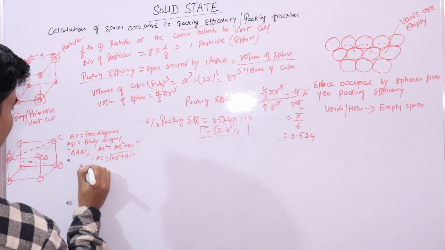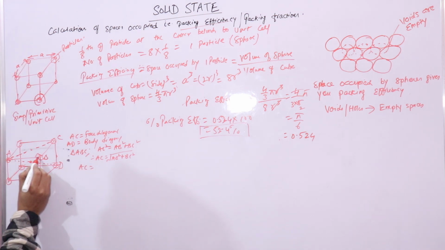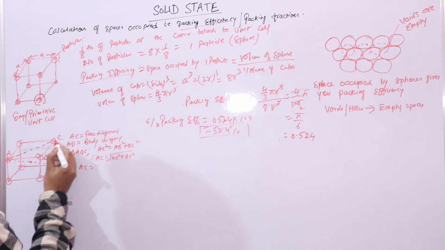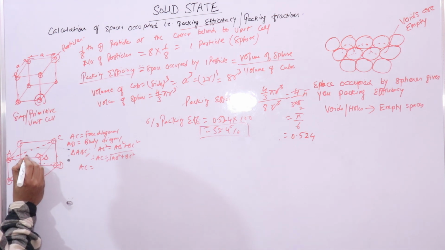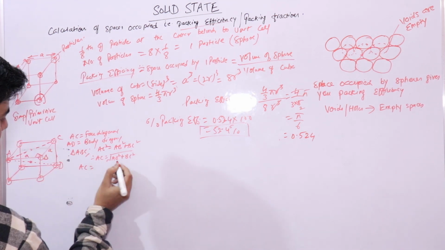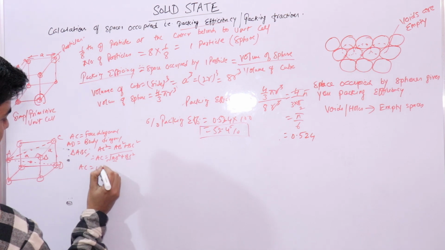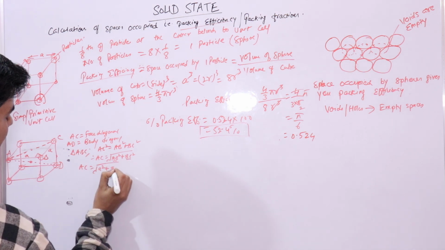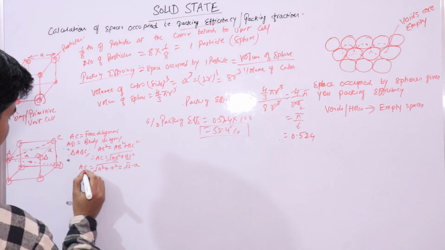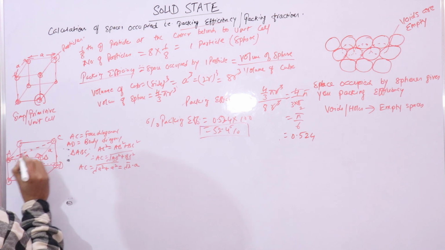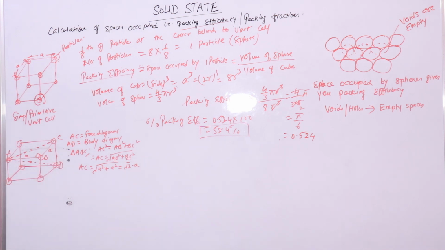Now we know that AB is the side of the cube, BC is the side of the cube, so this is your a and this is your a. If I put the values of AB and BC, we will get a square plus a square. This is under root 2 a, right? And this is your AC. This is the value of the face diagonal.